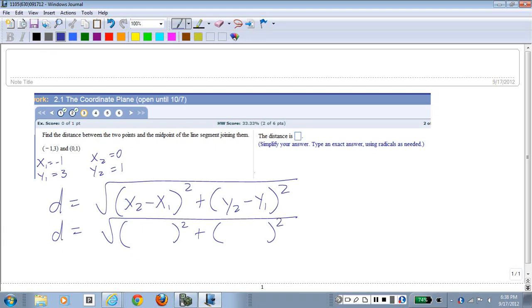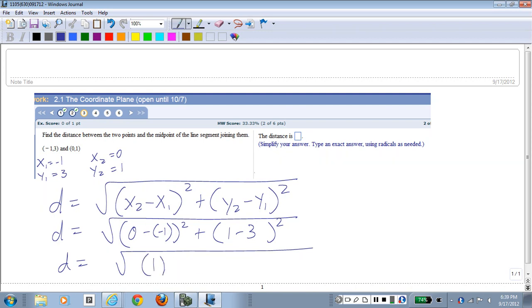The difference in the x's will be the horizontal distance between the 2 points. X sub 2 minus x sub 1, 0 minus negative 1. The absolute value of that would be the horizontal distance, but we're squaring it, so it's not necessary to take the absolute value. Y sub 2 minus y sub 1 would be 1 minus 3. So D equals the square root of, what is 0 minus negative 1? 1.